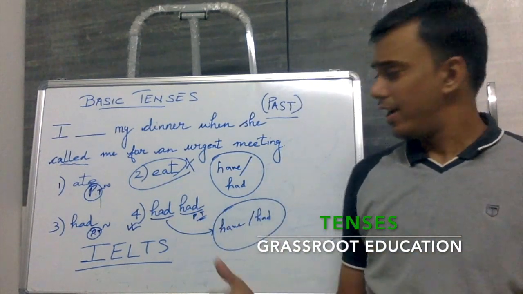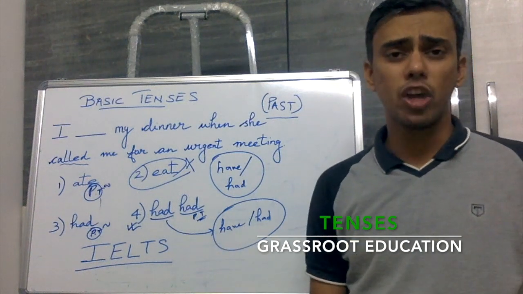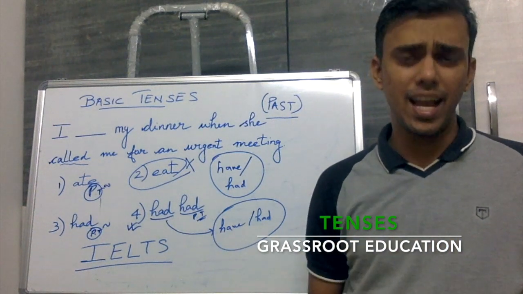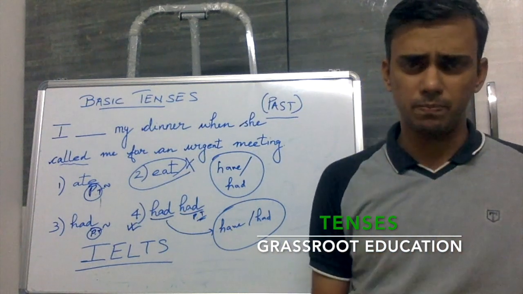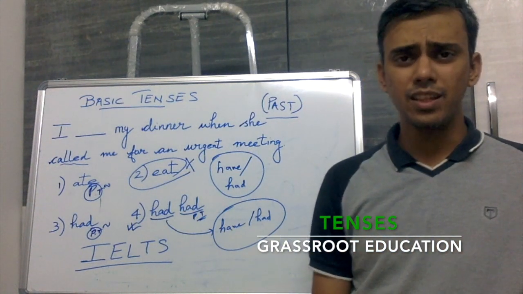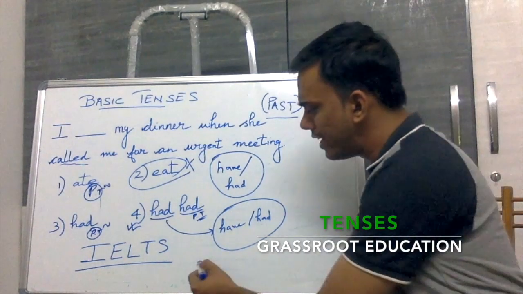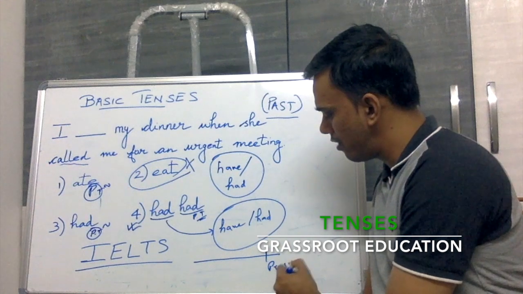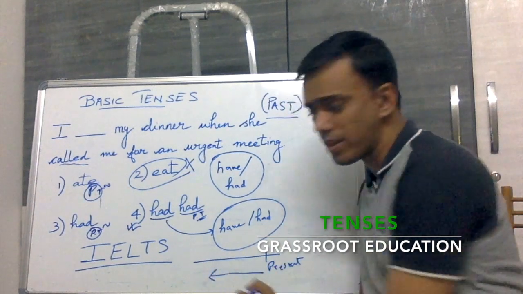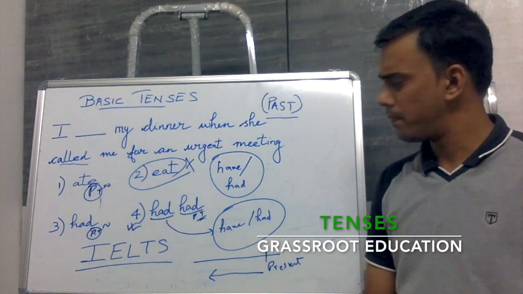In this case, I am talking about two events, and I am trying to pinpoint when one event happened after the other. So, say for example, this is a time range. Now this is the present. Anything before that is the past.